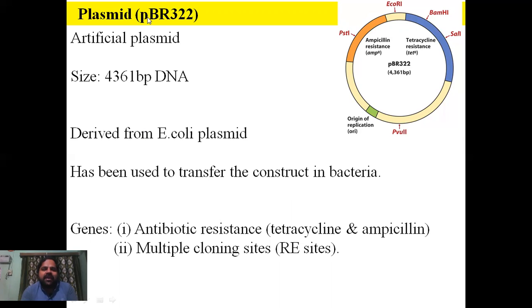Means this plasmid has been exploited to produce a product or to create a phenotype in bacteria, and it has the genes as antibiotic resistant genes against tetracycline and ampicillin, and the second is multiple cloning sites, different restriction sites this plasmid is having.